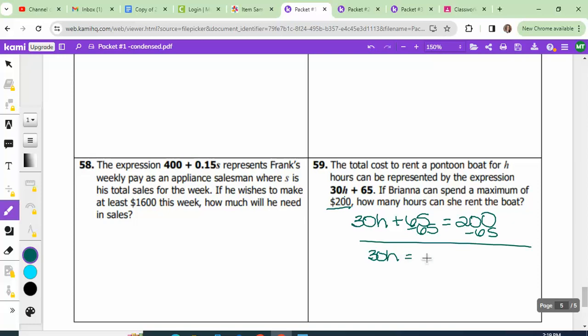So 30H. Well, it's 135. So she can rent her boat for 4.5 hours.